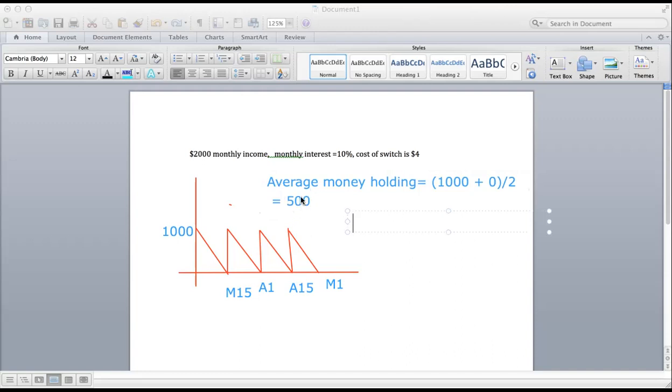This is your average money holding, which means that your average bond holding is the difference between them. You have 2,000, you have on average 500 money holding, so the difference, the amount of bond holding, is 1,500.